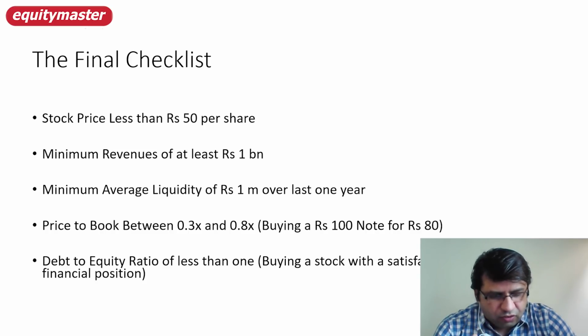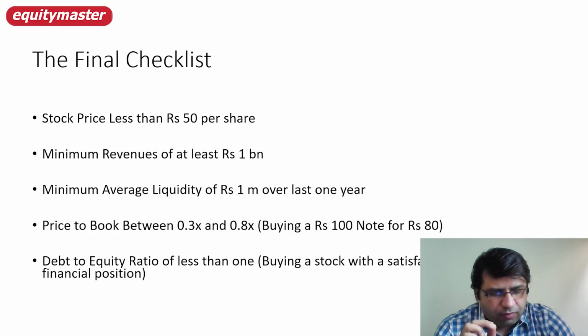The next two rules are what we discussed just now. Buying a 100 rupee note for rupees 80. So a price to book of between 0.3 times and 0.8 times, and a debt to equity ratio of less than 1. Now why price to book of between 0.3 and 0.8? Why not consider companies below 0.3 times? I think the main reason is that a company which is priced significantly lower than its book value is a bad quality company.